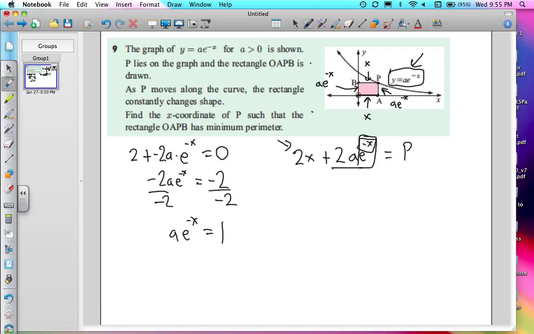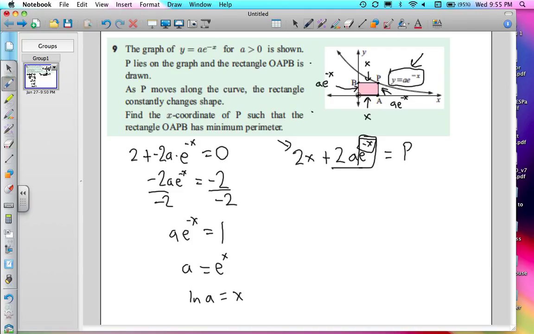Now I can make this a little bit easier. Multiply both sides by e to the x, and e to the negative x times e to the x just is 1. So we're left with a on this side, and we have an e to the x up here, which means the natural log of a is x.